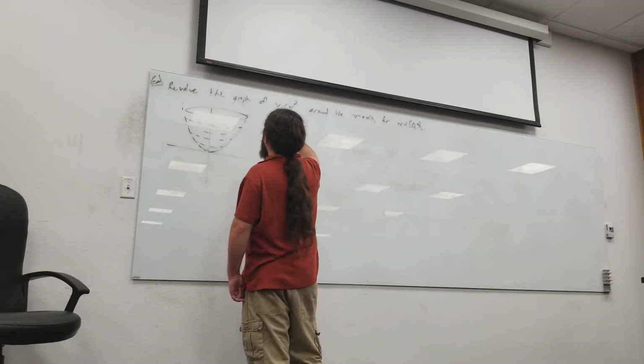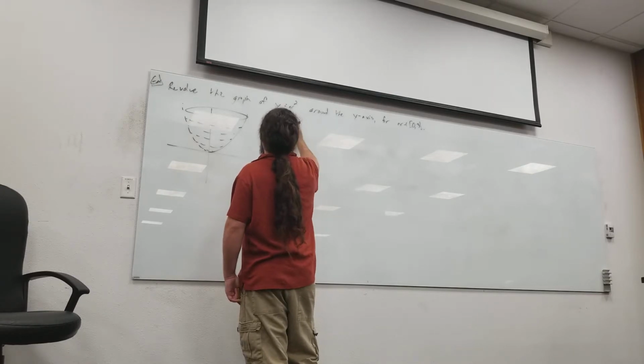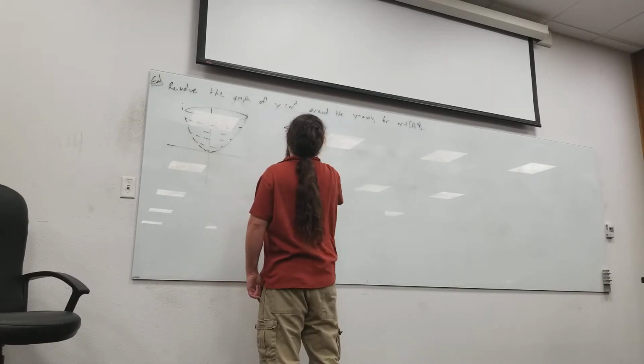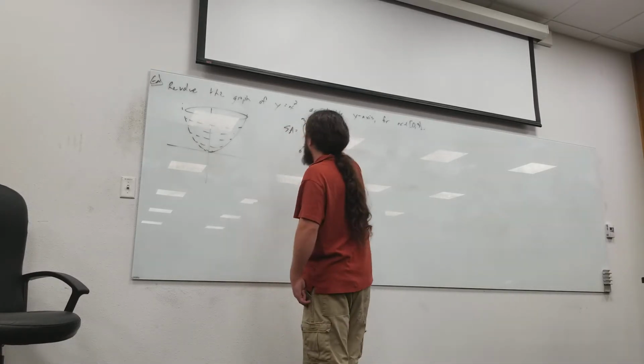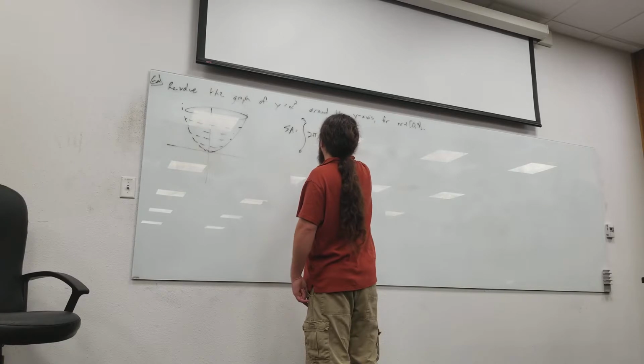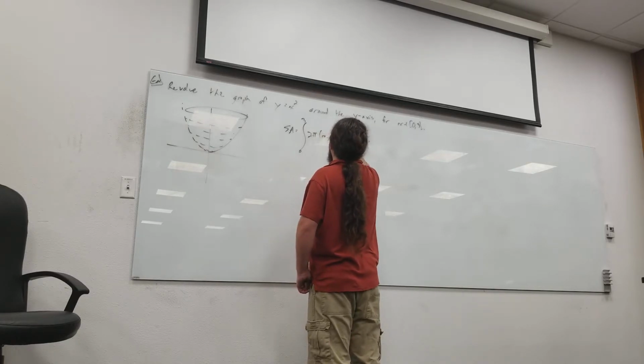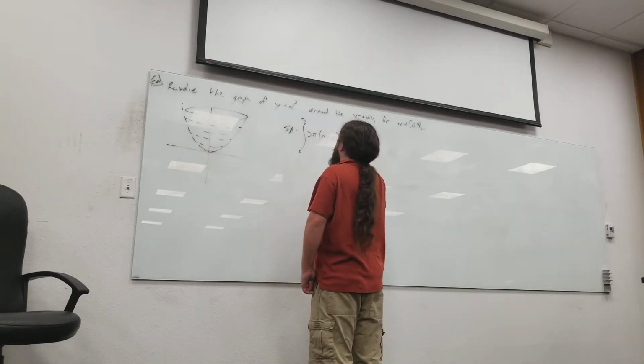All right. So in this case, I know my surface area is the integral from somewhere to somewhere. It's probably going to be 0 to 3. What I want is 2 pi times a radius times a small amount of arc length.